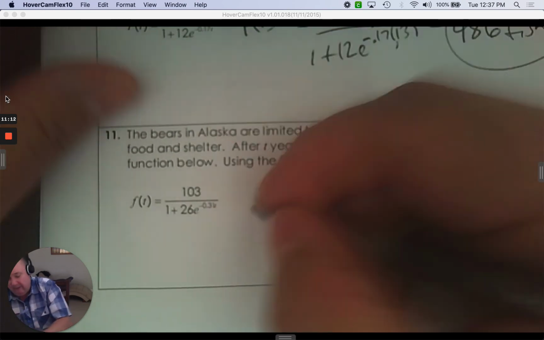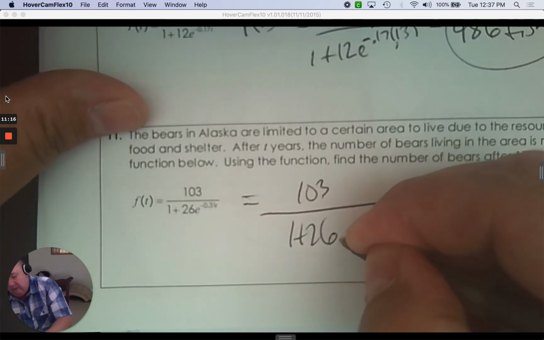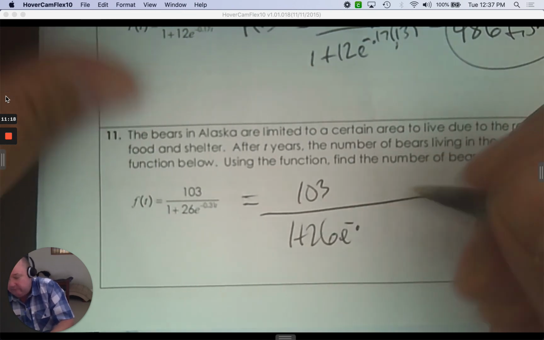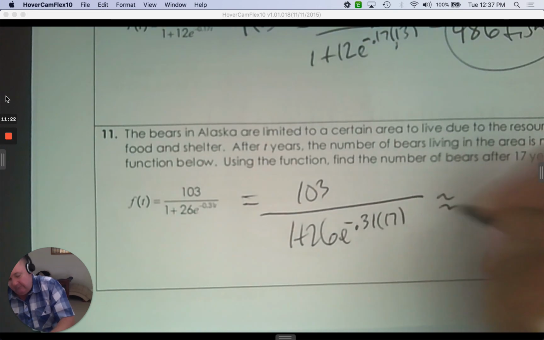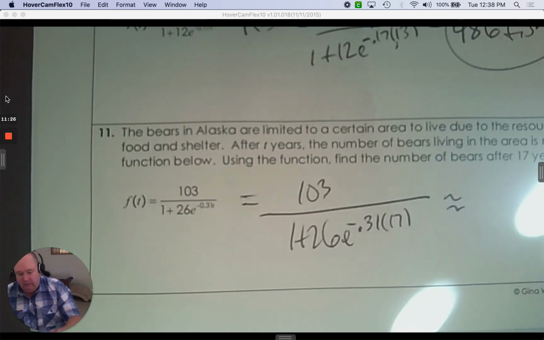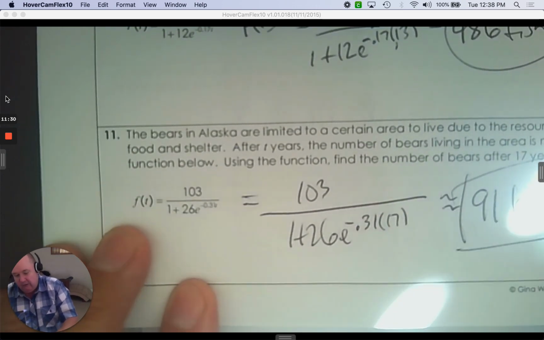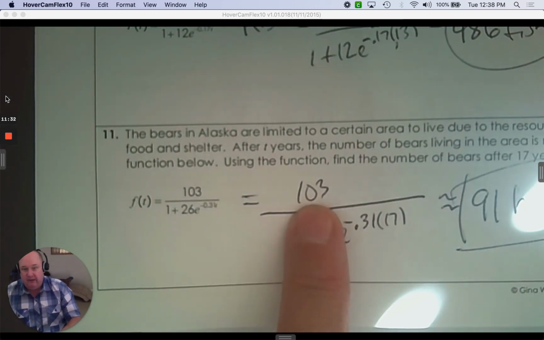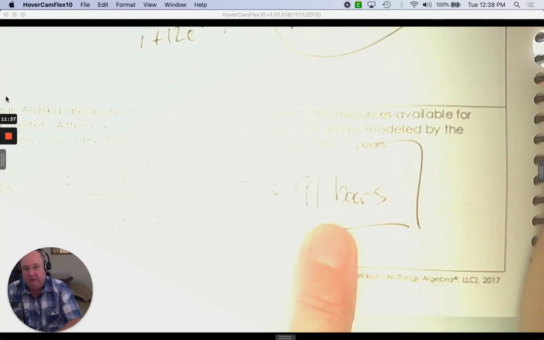So again, all you have to do is plug in 17. And that's it. So if you use your calculator, whole number, there'll be approximately 91 bears there after 17 years. So we started with 103, and after 17 years now there's only 91.